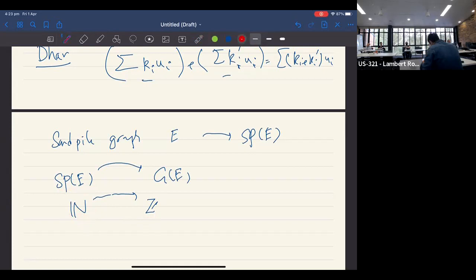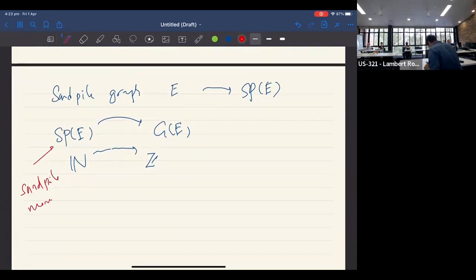This is called the Sandpile monoid, and this is called the Sandpile group. Can you see that the phenomena you play with there just reflect some behavior here?